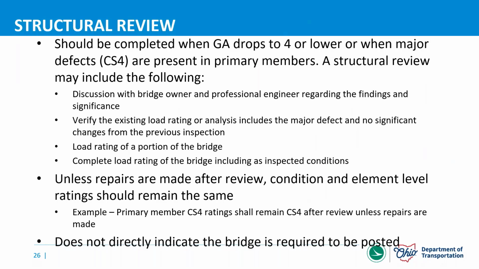If the condition is still the same as it was, nothing was fixed, no capacity was added, we want that CS4 to stay CS4 because it's objectively worse than CS3. I think our old guidance was, once a review was created, move that CS4 to CS3. We no longer want that, because we want to identify that CS4 as worse than condition state 3. So unless something was fixed or capacity was added after review, keep those ratings the same.